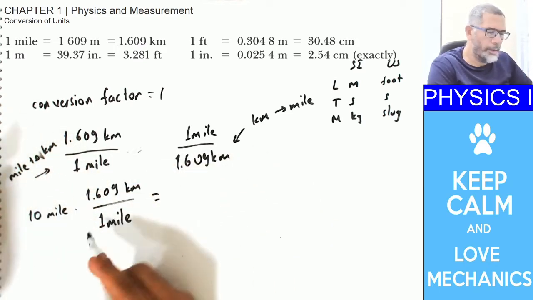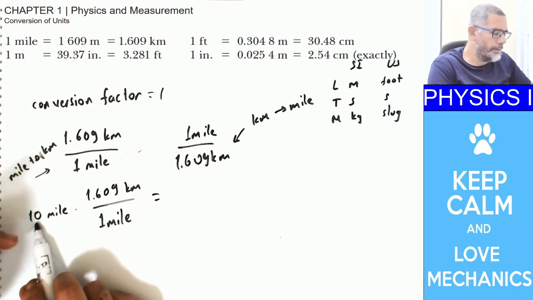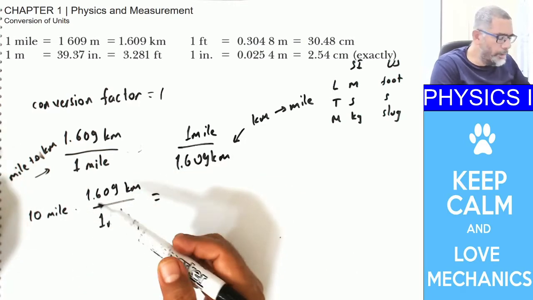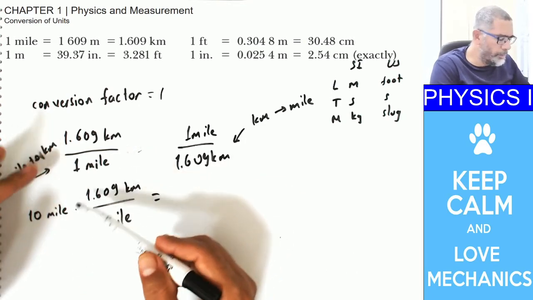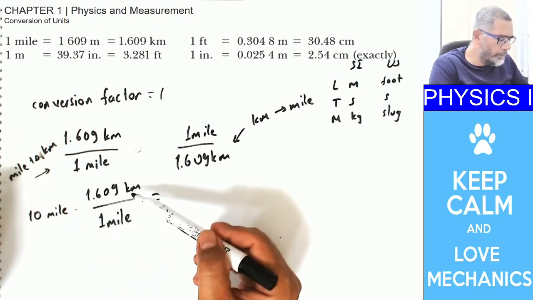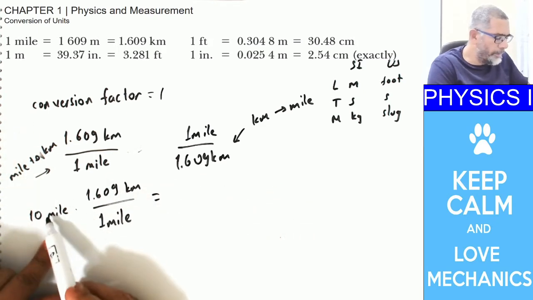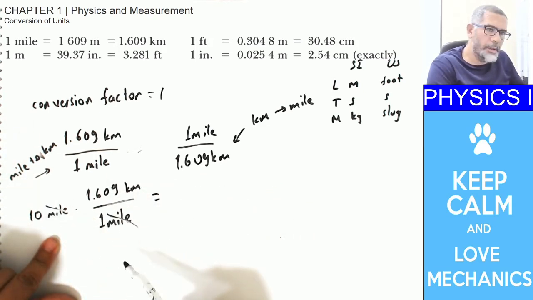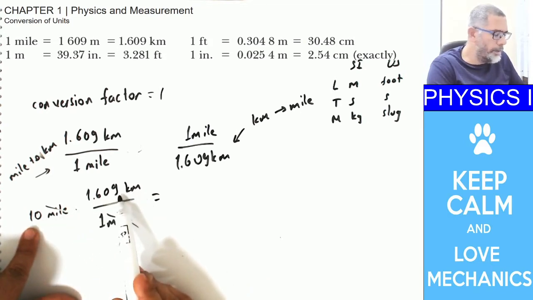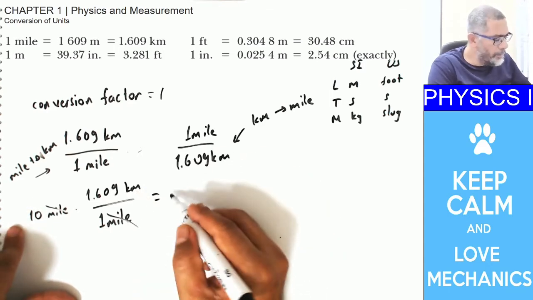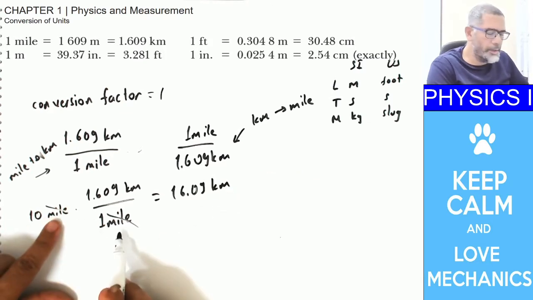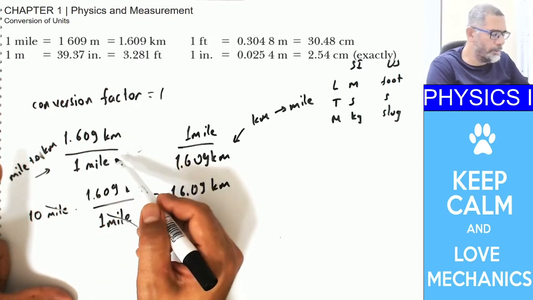I selected a very easy conversion of 10 miles. If you multiply miles with a conversion factor from miles to kilometers, the miles cancel out. You are left with 10 multiplied by 1.609 kilometers, so it is 16.09 kilometers.